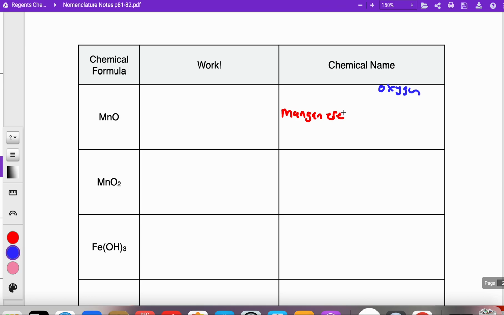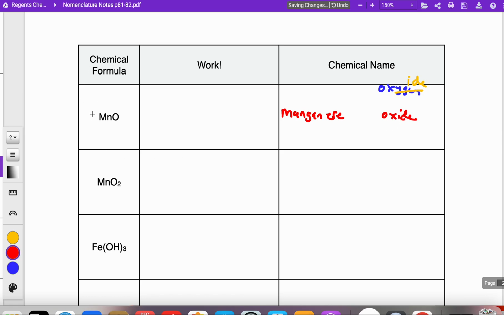So we would never say manganese oxygen, but we would adjust the oxygen and replace the -ygen with the -ide. So we would say manganese oxide.